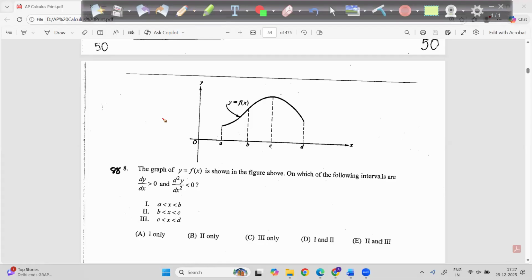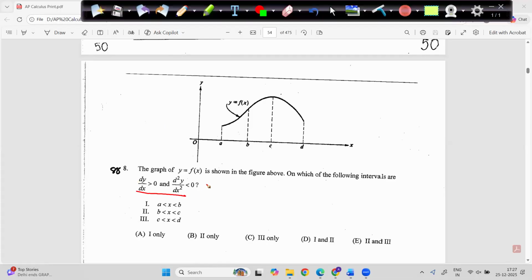They're asking where f dash x and f double dash x both should be satisfied, meaning f dash x increasing and concave down. In this region it is increasing but concave up. Neglect the concave down regions, these two. Increasing and concave down is only this region. This is decreasing and concave down, so not valid. So increasing and concave down is B to C, definitely 2 should be your answer. Very good.